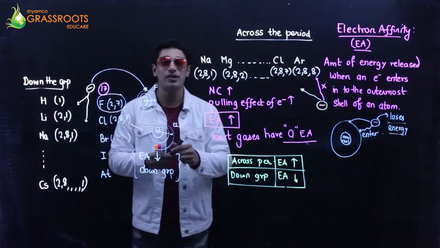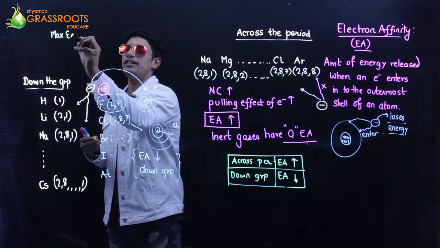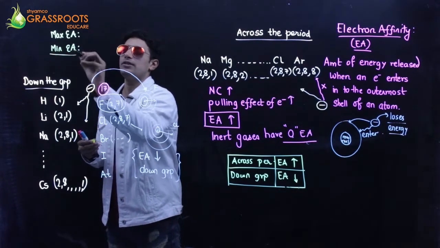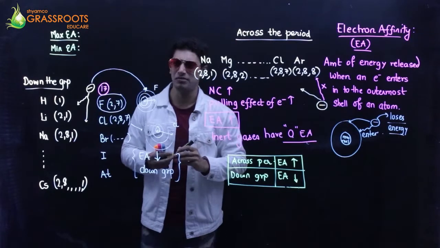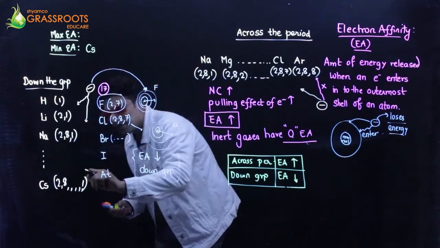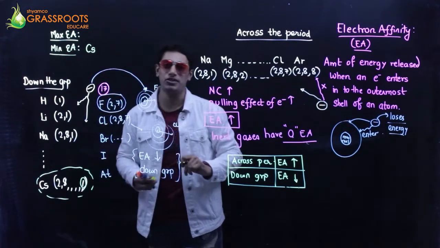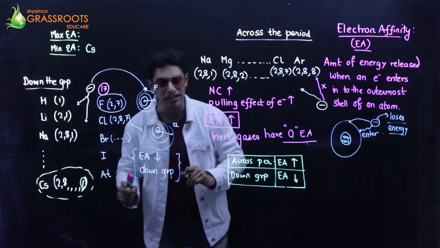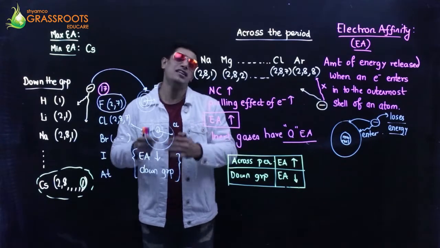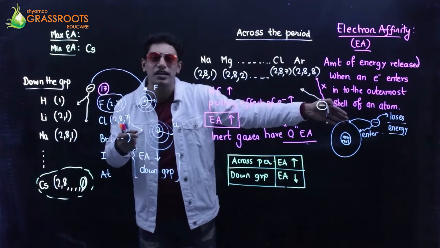If you ask me, sir, which element has the maximum electron affinity and which element has the minimum electron affinity? I can say the minimum pulling power is of cesium. In cesium, there is only one electron in the outermost shell, and that poor kid is so far from the mother nucleus. Mother cannot control that poor kid.